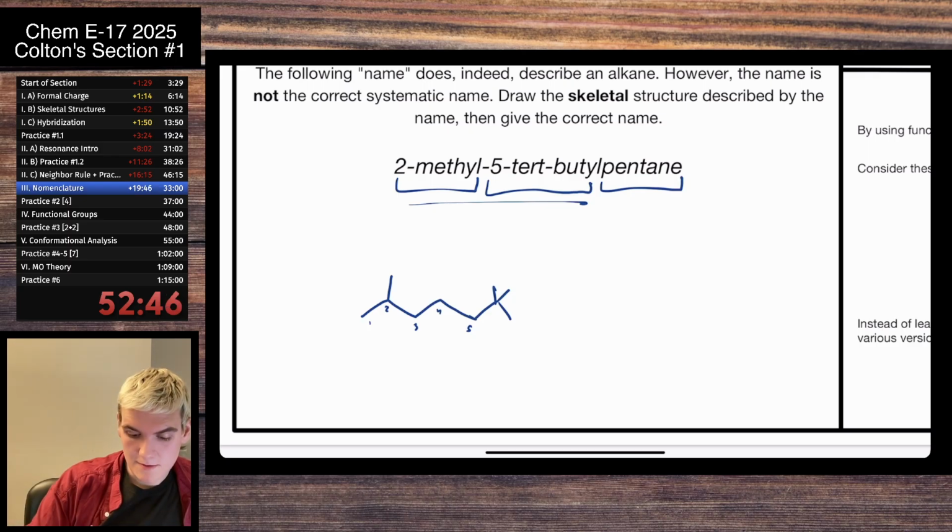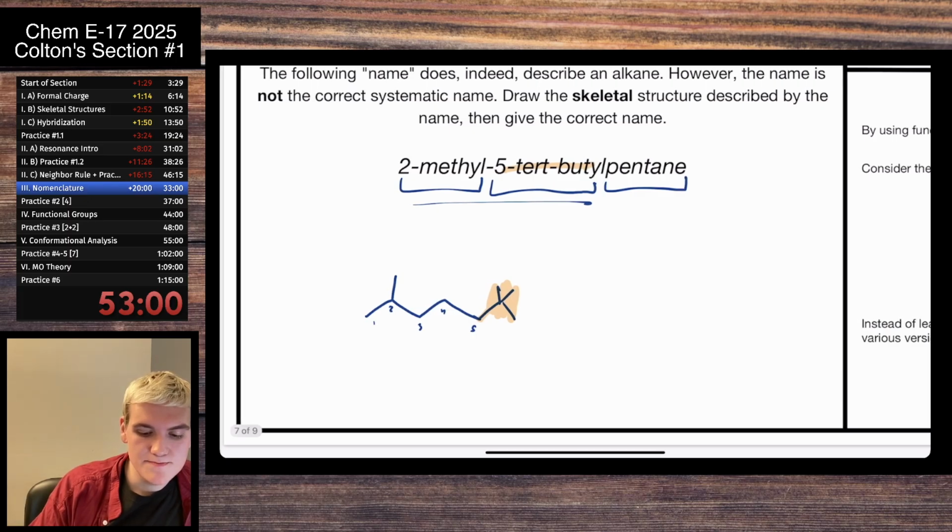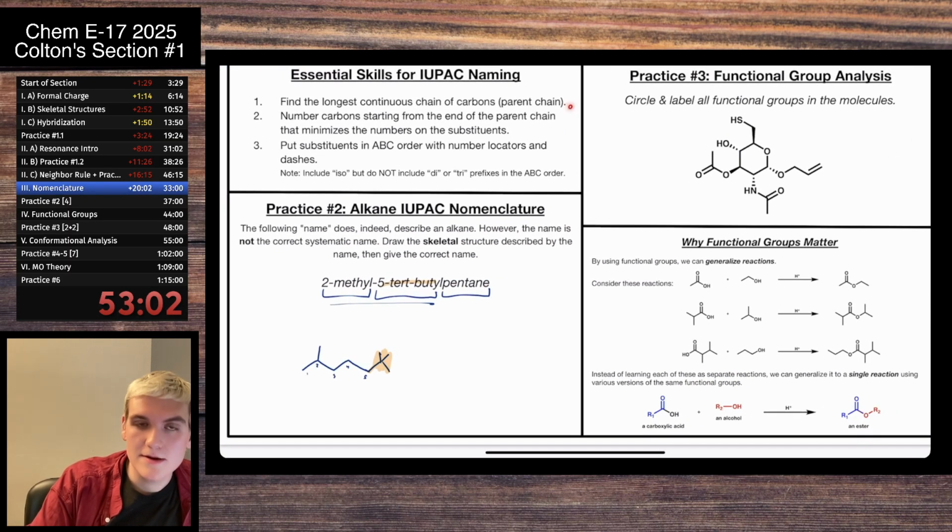So with this, we've put our 5-tert-butyl where we want it on the 5 position, the methyl where we want it on 2. But why is this not the right name? The key comes back to this first and most important part: find the longest chain of carbons, the parent chain.